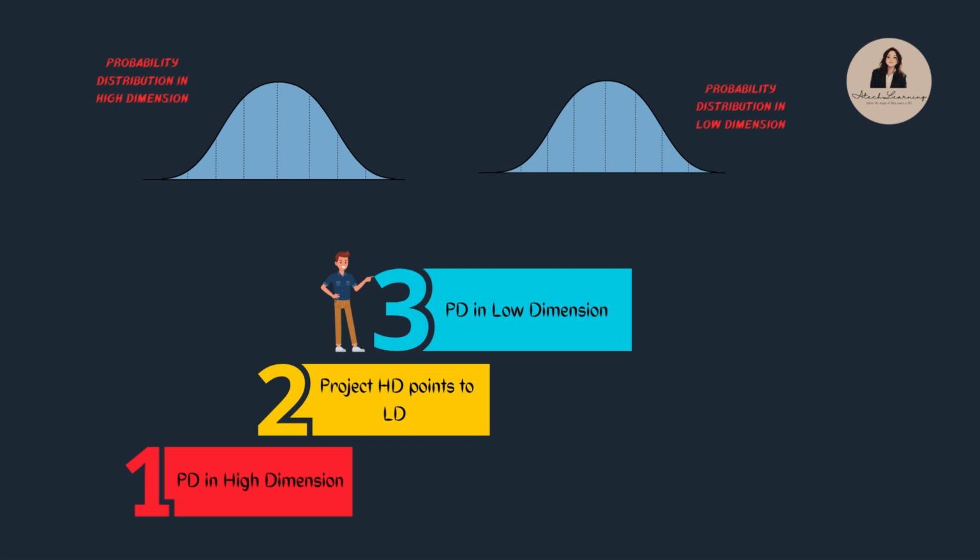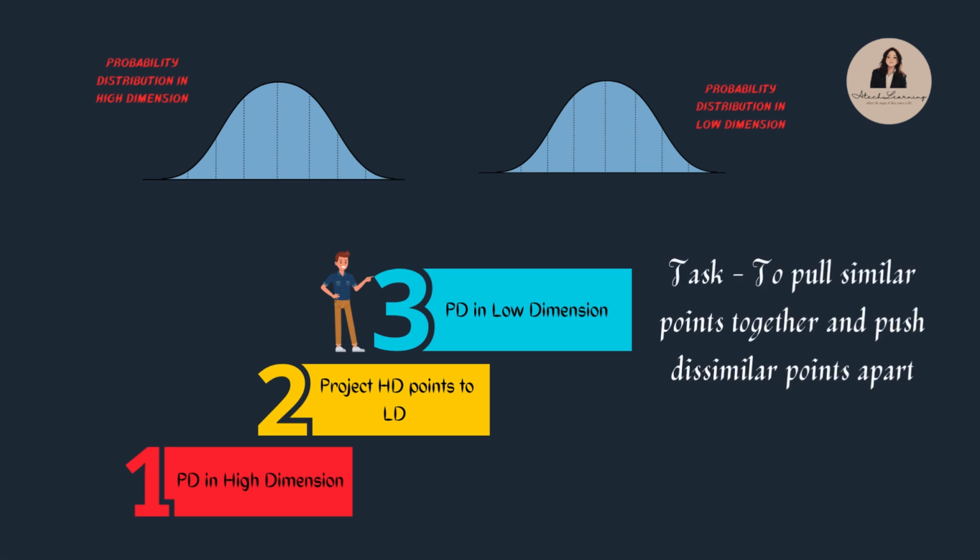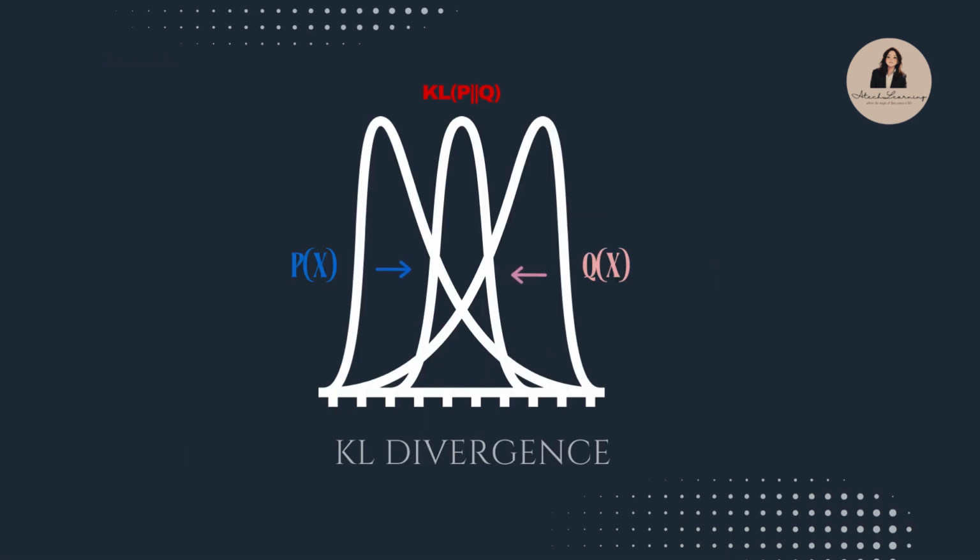Once we have the probabilities in both high dimension and low dimension, our task is to pull the similar points together and push dissimilar points apart, thus maintaining the local structure of the data points. Hence, we use KL divergence to perform this task.